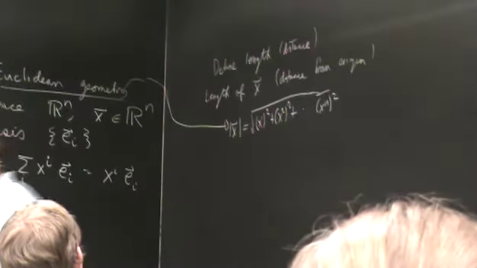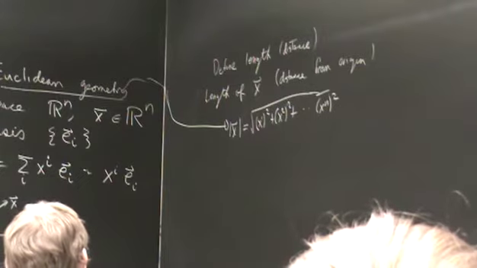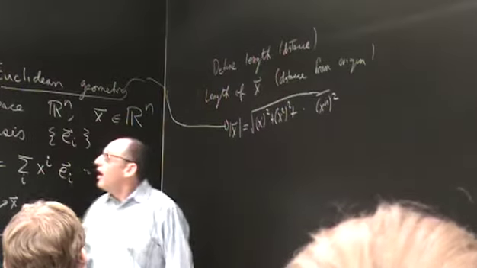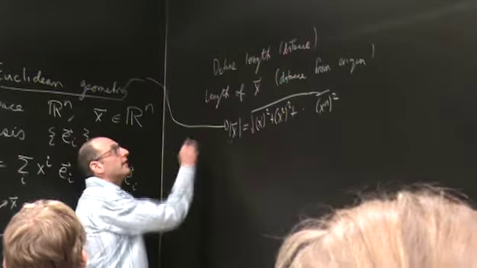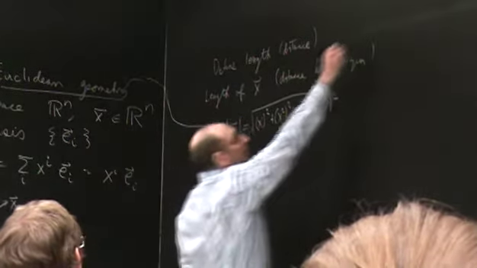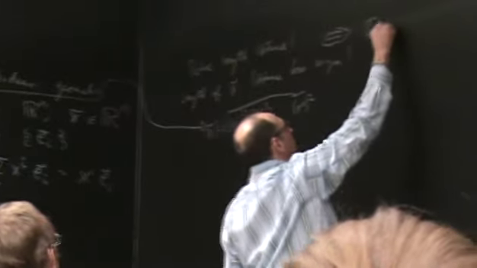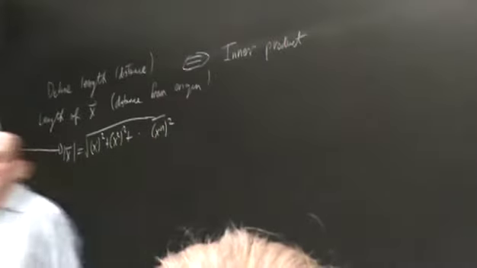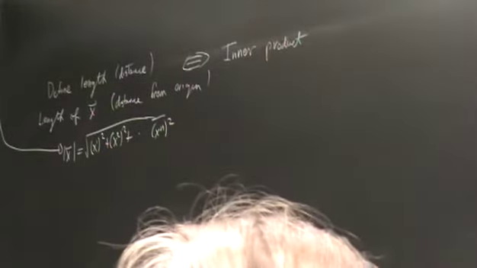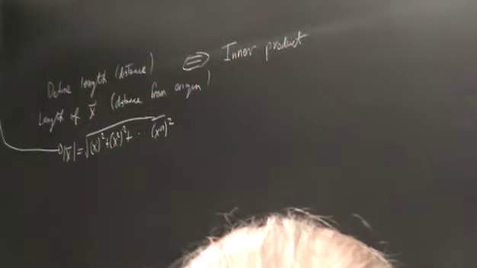Now, once we have the distance, we have a new structure on our vector space. Once we define a length, we have a notion of inner product. So the inner product is an extra doodad, an extra ornamentation that one puts upon a vector space.